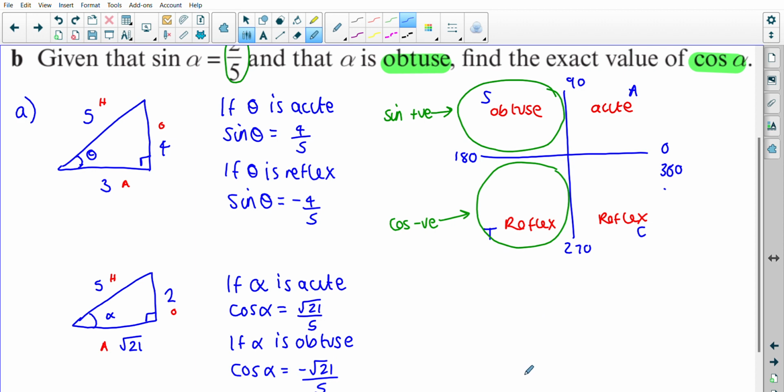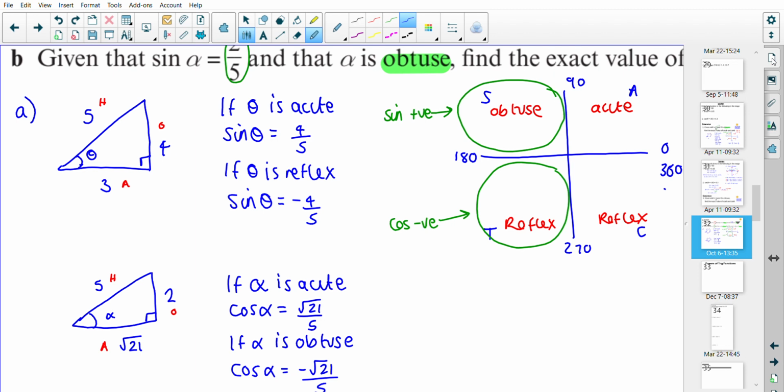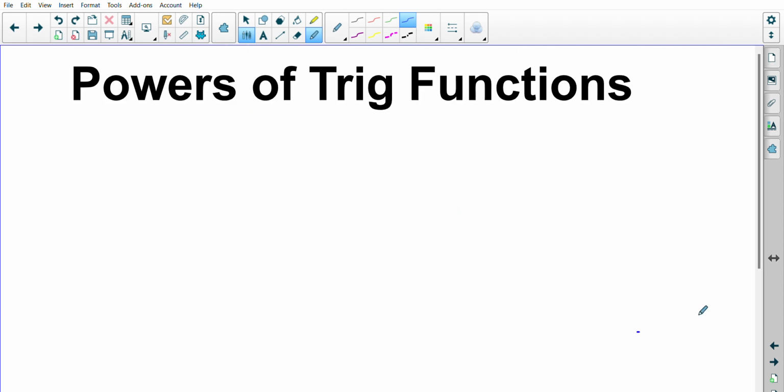Next, I'm going to move on to something called powers of trig functions. Okay, so we're going to see something like that, or this, or that. Now what this actually means, and you may have seen this before, but it's shorthand for that.